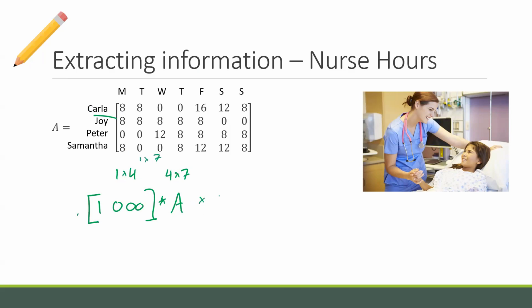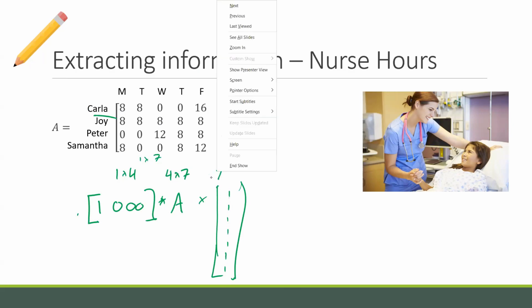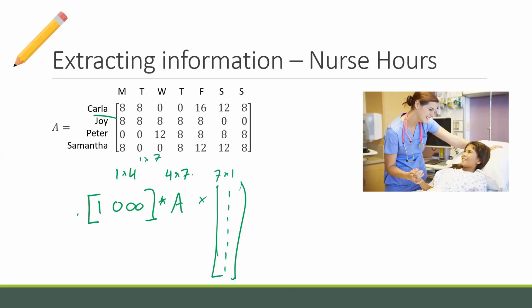Then we could multiply this matrix by this: 1, 2, 3, 4, 5, 6, 7. Now this matrix here is a 7 by 1. If I multiply all of these together, then I will get a 1 by 1 matrix, and that 1 by 1 matrix will have the hours Carla worked.